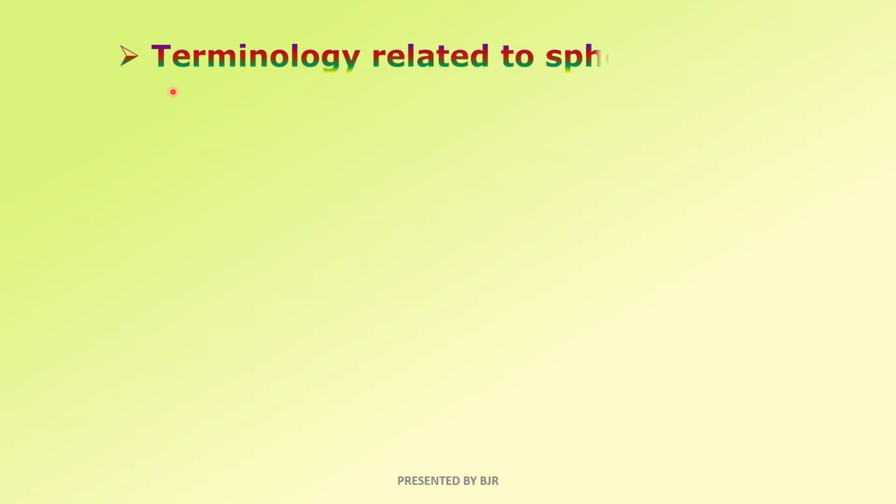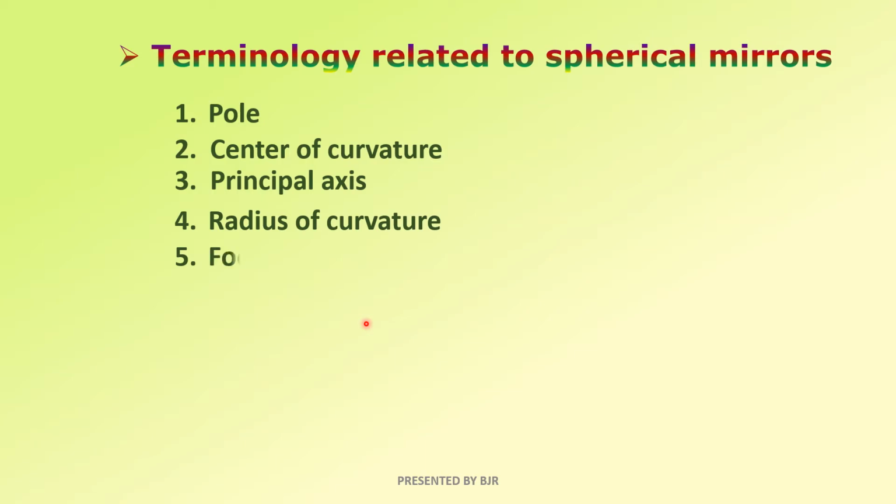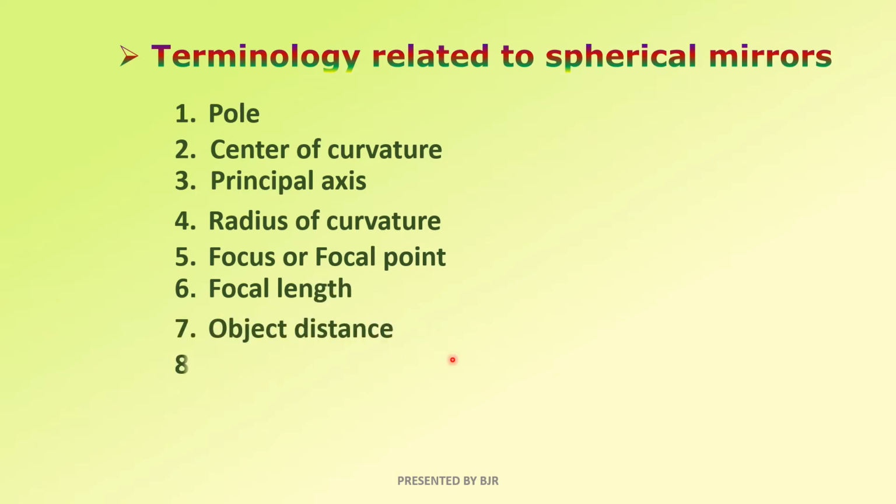First, I list all the terminology used in spherical mirrors here. Later, let us study one by one. Terminology related to spherical mirrors: the pole, center of curvature, principal axis, radius of curvature, focus or focal point, focal length, object distance, image distance, and magnification.